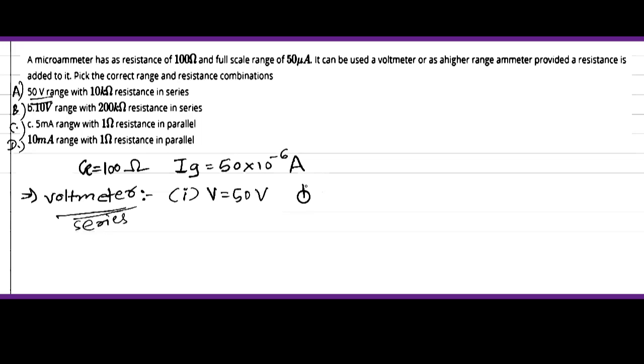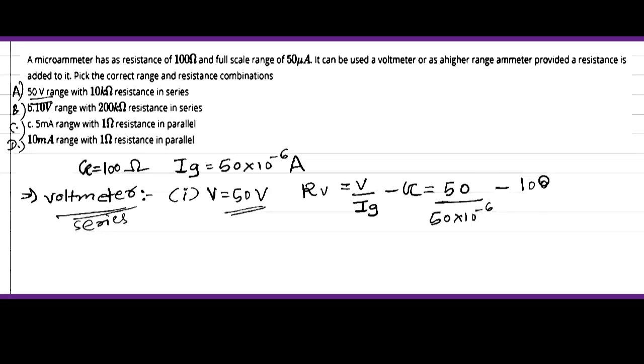We know for finding resistance, RV is equal to V by Ig minus G. Here V is 50 volt, divided by Ig which is 50 into 10 raised to minus 6, minus G which is 100. So finally we will get RV is equal to 9999900 ohm, which is approximately 10 raised to 6 ohm.